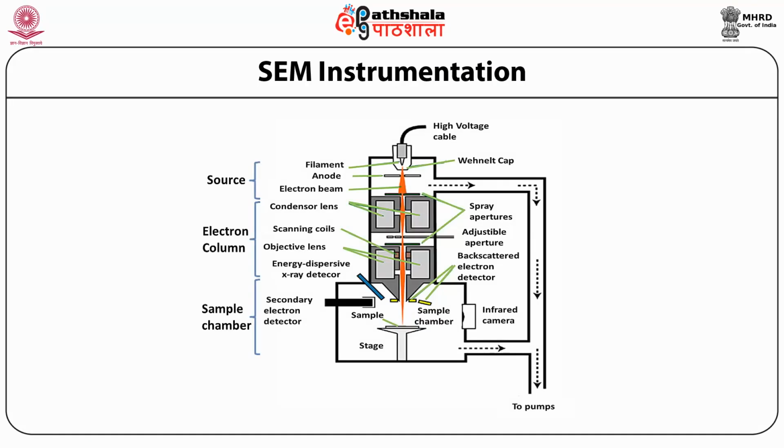SEM instrumentation. The major components of SEM are the source, electron column and sample chamber. A schematic diagram of SEM instrumentation is shown in figure 1, and a brief description of each system will follow in this session.